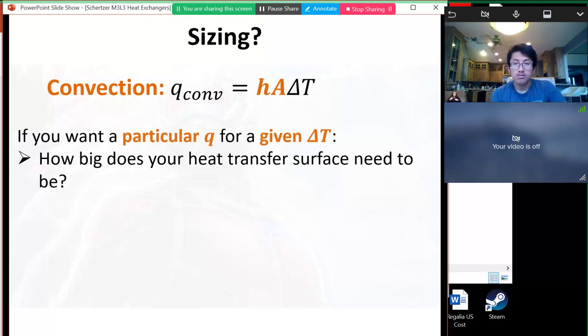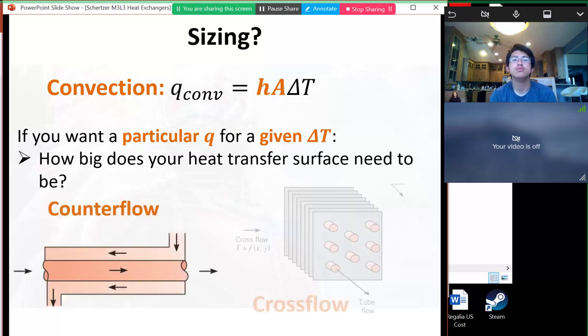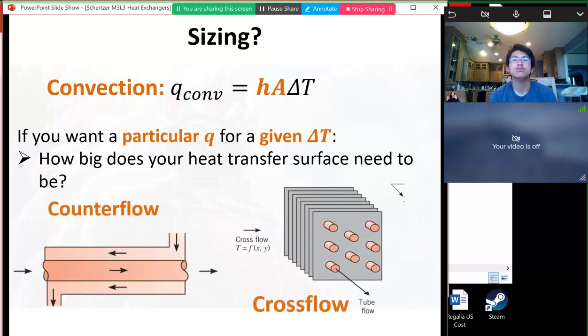So these two things are related. If you're looking for a particular heat transfer and you're designing a heat exchanger, you're going to have to figure out what kind of area you're going to need to achieve that goal, right? And this is going to be different depending on the type of heat exchanger that you would have picked.